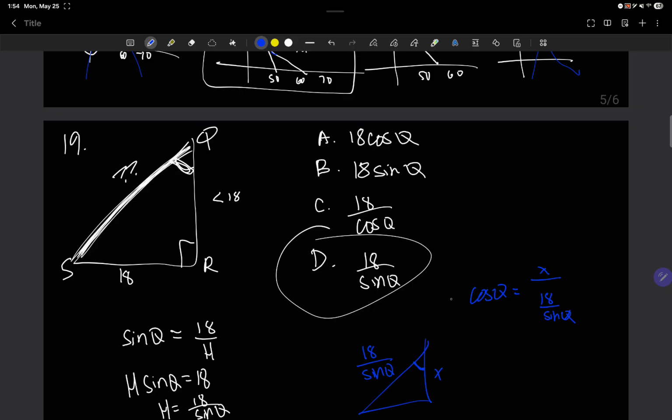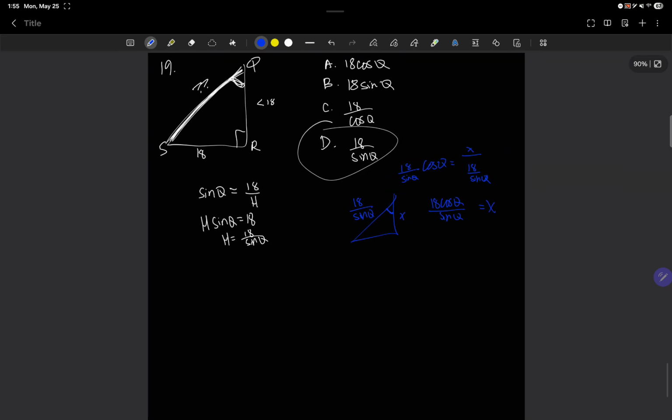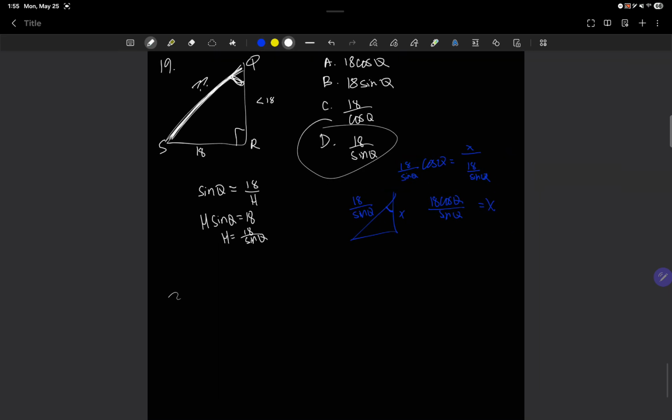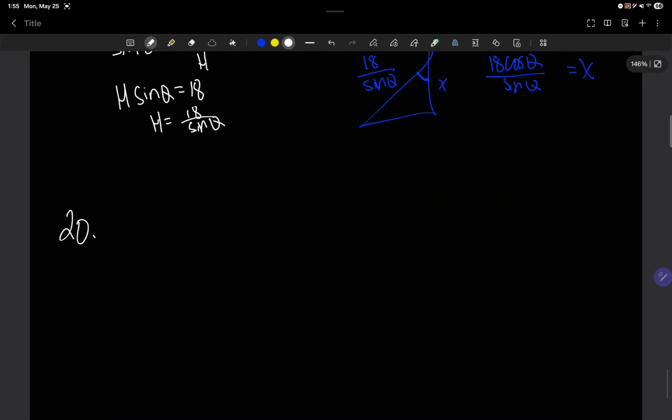Multiply both sides by 18 sine of Q over sine of Q. Okay, so 18 cotangent. But that doesn't have anything here. Right. Interesting. That one wasn't bad. That was fine.